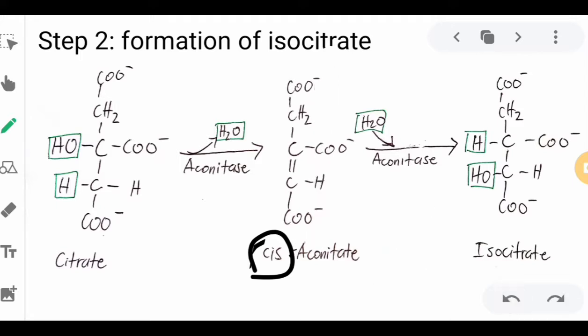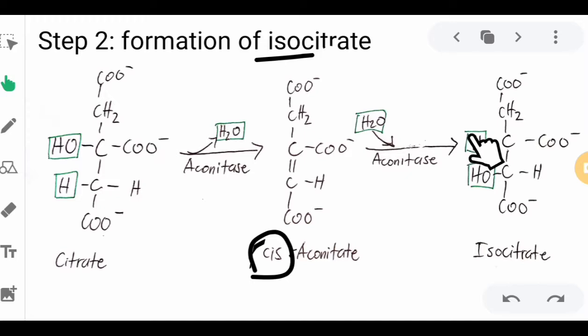So the water that has been expelled from this molecule will be used again with the help of the enzyme aconitase. Since this is an isocitrate, from the term itself, we will be forming an isomer of the citrate. So the purpose of this enzyme is to isomerize the citrate. As you can see here, the hydroxyl is placed at the third carbon and the hydrogen is placed at the fourth carbon.